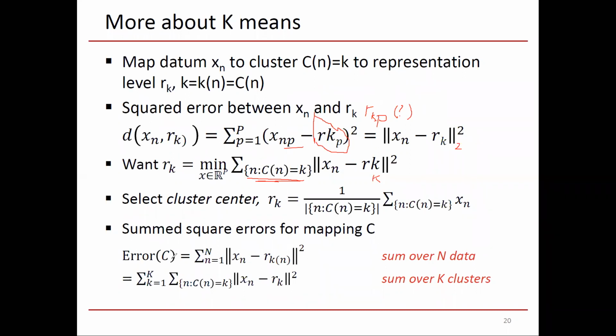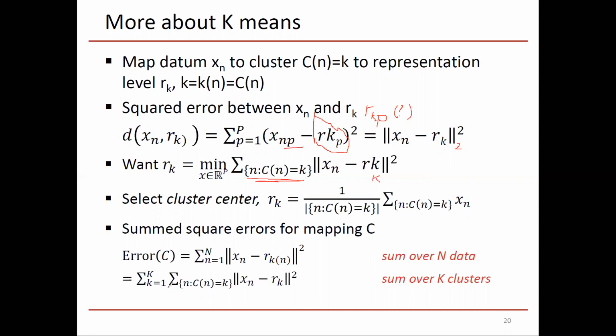And the sum of squared errors for the mapping is as follows. The error of an overall clustering technique is a summation over all capital N points of the squared L2 norm between xn, datum number n, and the representation level, which is indexed by k of n.